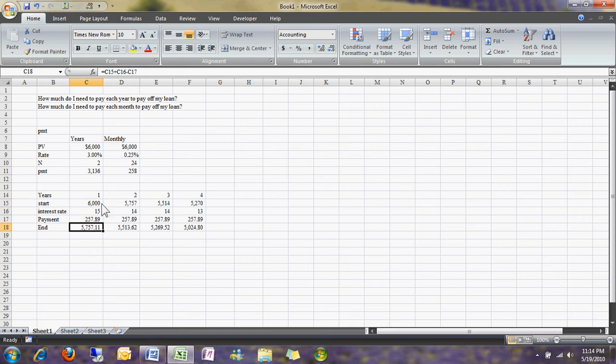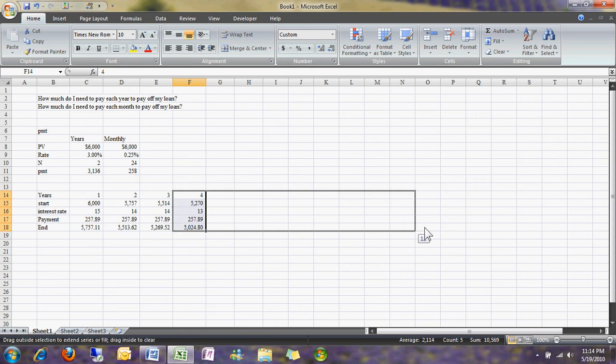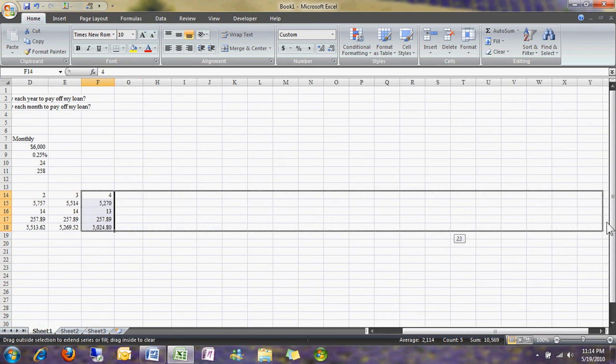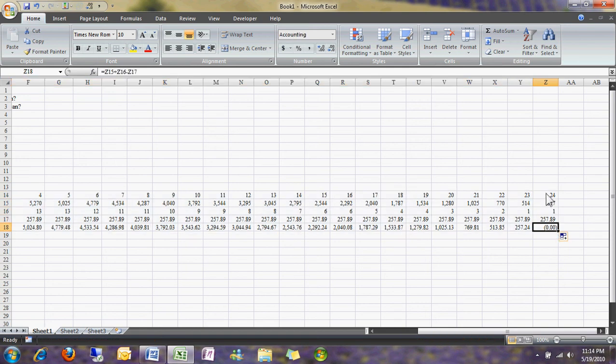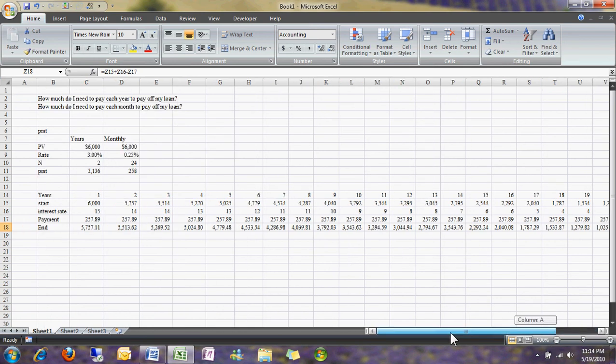Now when we take these years, we can drag it out, or I guess in this case it's months, we can drag it out to 24 months, and we can see that in 24 months we will owe $0 here at the end. And so this equation works.